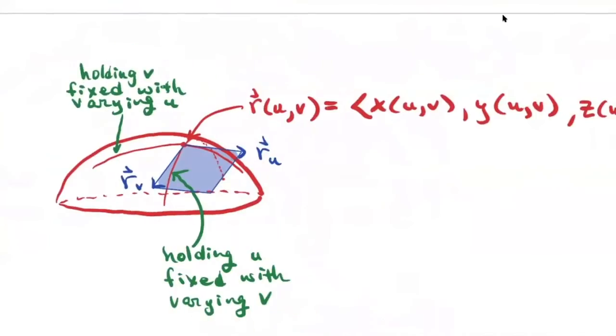So that differential area is going to be dS. And what I really need to do is make R_u and R_v differentials. So let's call this R_u du here. And R_v dv will be parallel to R_v. So again, let's just make this R_v dv on the other side.